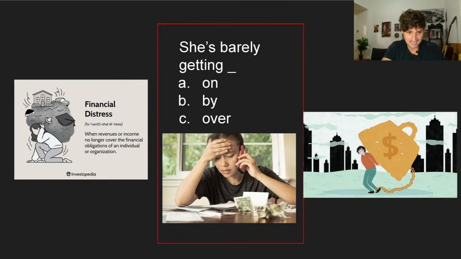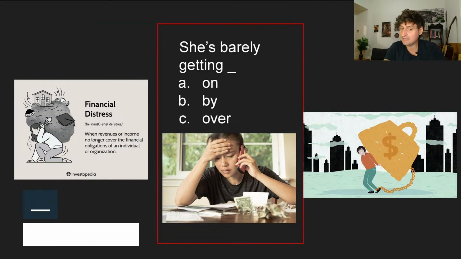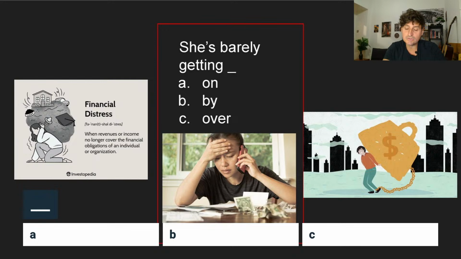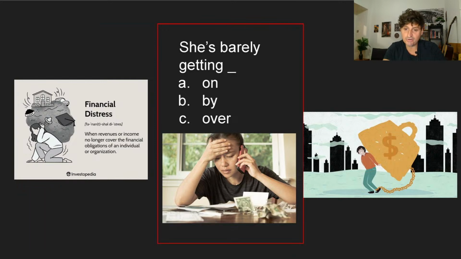All right, meaning she doesn't have extra money. She doesn't have extra money. She has enough money to pay for the basic things, but it's like every month, the money that comes in, she spends everything that comes in, right?